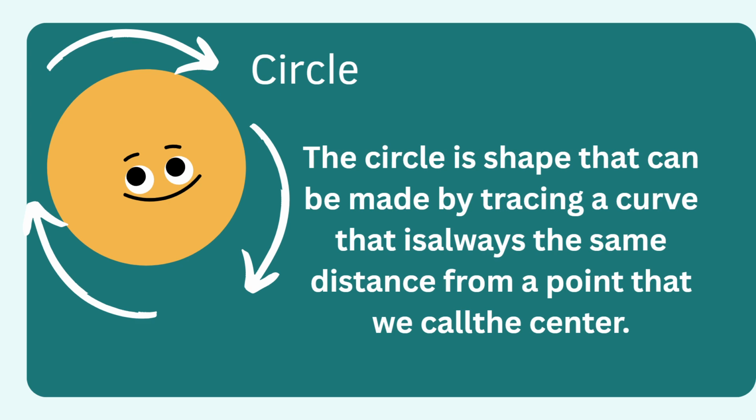The circle is a shape that can be made by tracing a curve that is always the same distance from a point that we call the center. It has no corners and no straight sides.